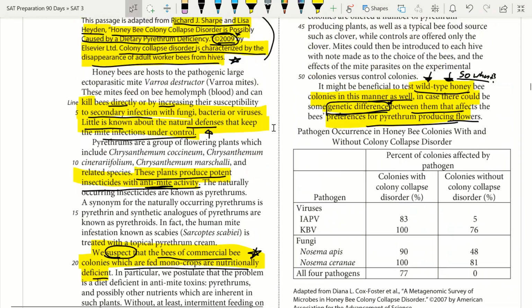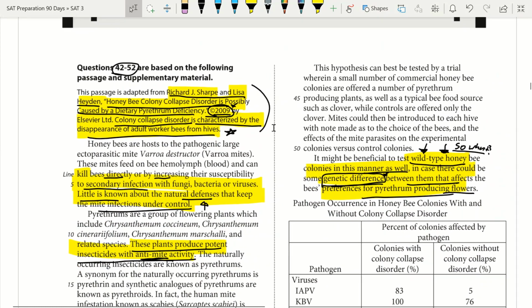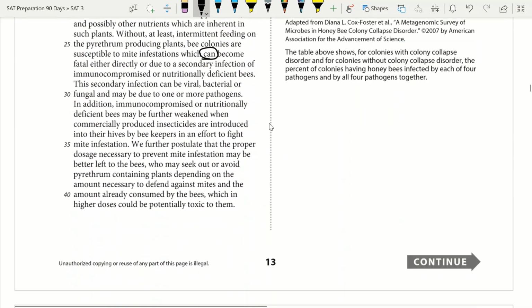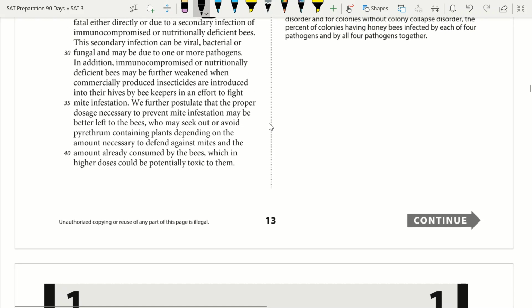All right, so line 40, or it might have been 41. So we have this hypothesis can be tested by a trial wherein a small number of commercial honeybee colonies are offered a number of pyrethrum-producing plants, as well as a typical bee food source such as clover, while controls are offered only the clover. Okay, so that clover does not contain that pyrethrum, and those other ones do. So we're really looking at the difference between honeybees that eat that pyrethrum and those that don't. Okay, and what's the big point of that?